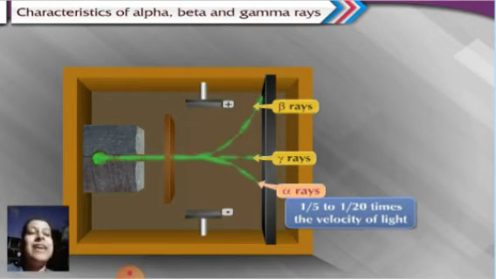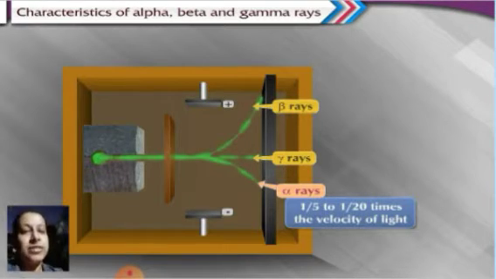Alpha rays are around 1/20 to 1/5 times the velocity of light. So if you take 1/5 of 3 lakh kilometers, it comes to around 60,000. Can you imagine that alpha rays can travel at a velocity of around 60,000 kilometers per second? So fast alpha rays.